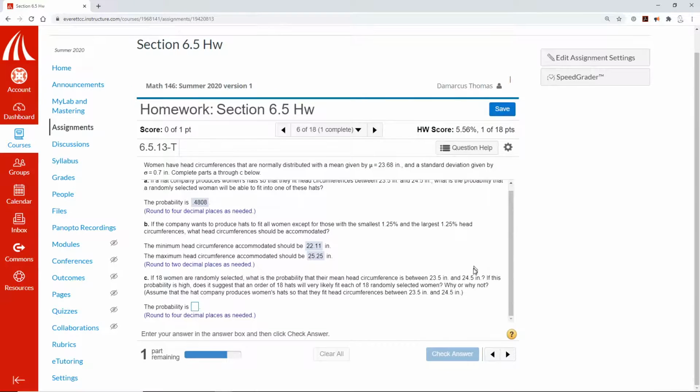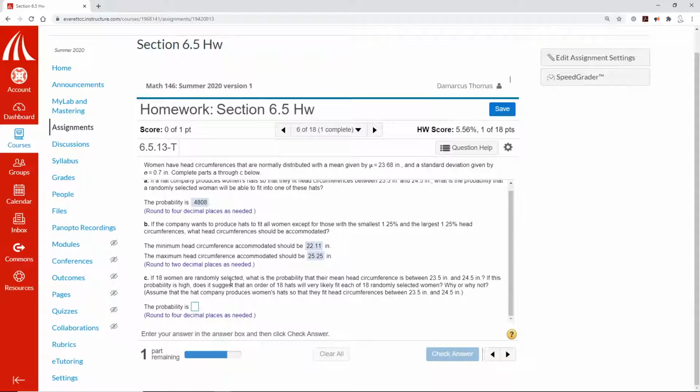Now part C is a 6.5 problem. It says if 18 women are randomly selected, that's a sampling group. We need a whole new distribution.